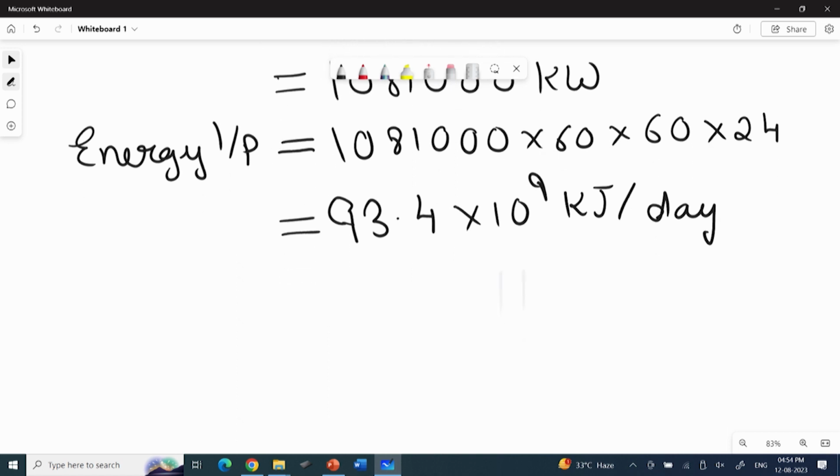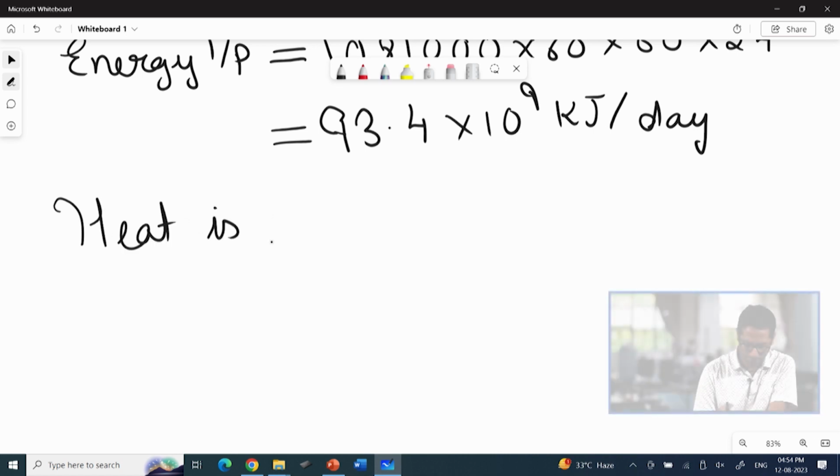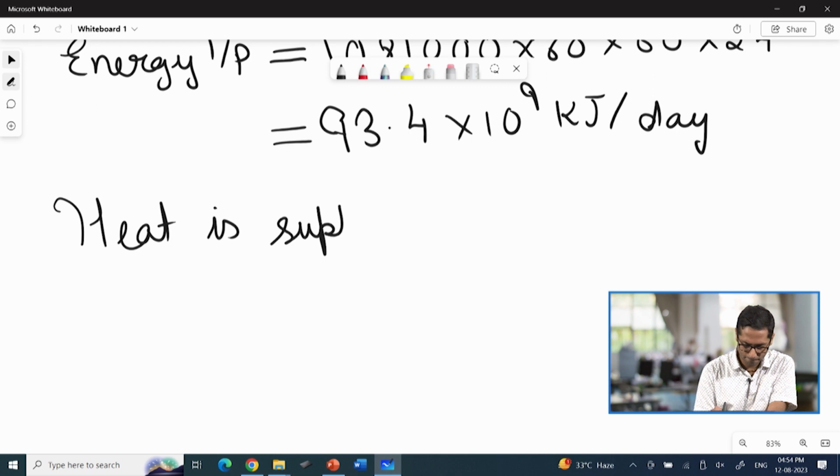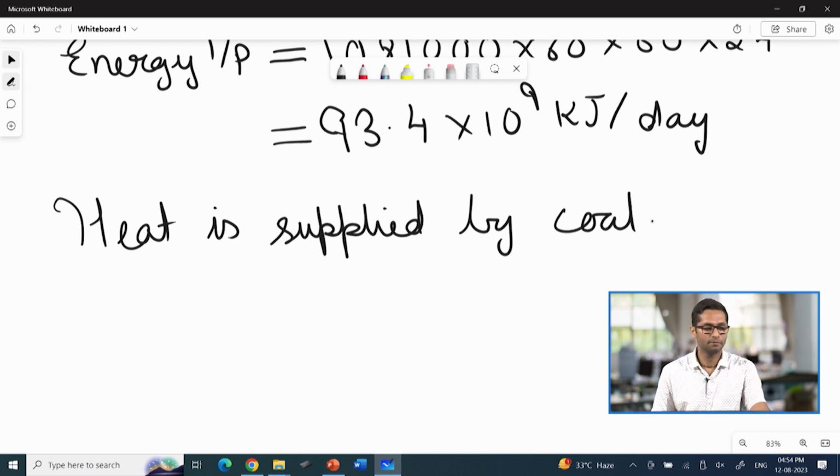Further, this heat is supplied by coal, the input energy, and we know the calorific value of coal, which has been listed to be around 29,000 kilojoules per kg.